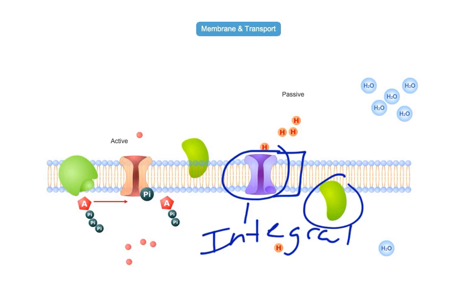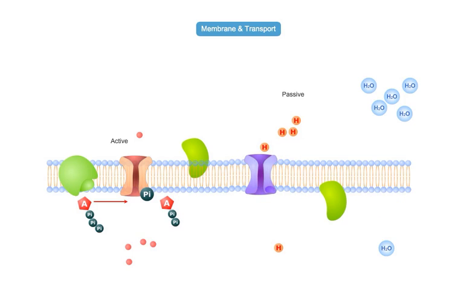We also have a peripheral protein here. It's on one side or the other. The ones on the inside often anchor to the cytoskeleton of the cell. A lot of times your cytoskeleton will come through here and anchor the plasma membrane to that cytoskeleton, and that's what allows the cell to hold its structure and support itself.